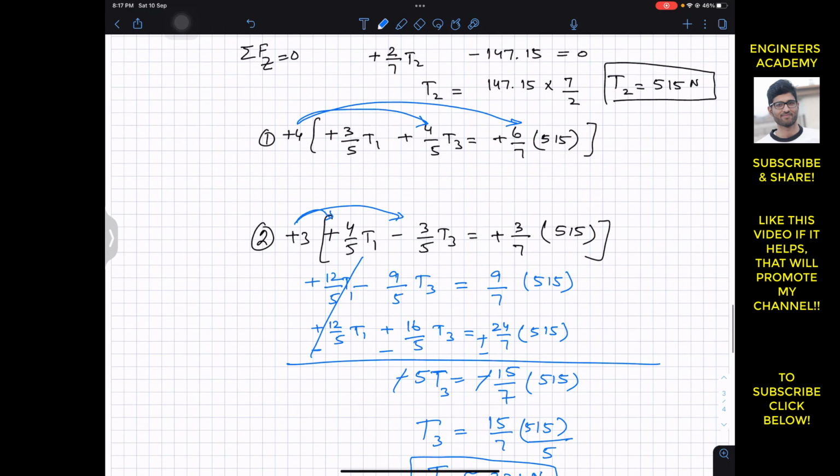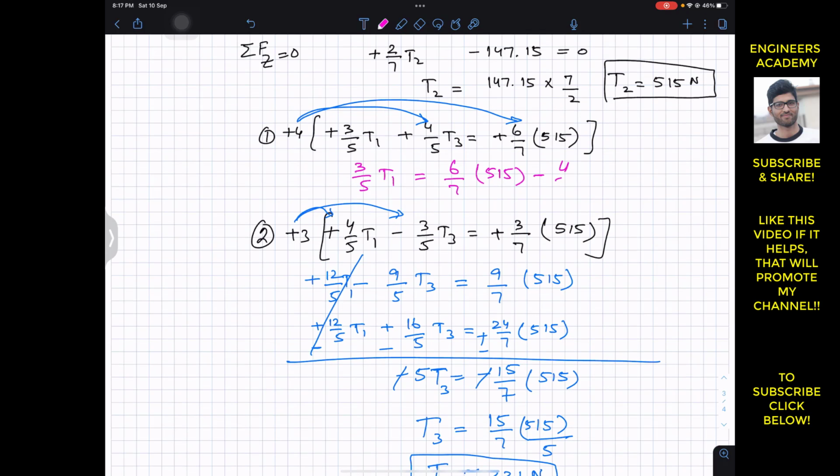Now once we know T3, we can put that T3 in one of these equations, and that will give us T1. So from this equation, let me further modify it. We can write that 3 divided by 5 T1 is equal to 6 divided by 7 into 515, and now we need to bring this term to the other side of the equation, so this will become minus 4 divided by 5 into T3, and we know T3 is approximately equal to 221.